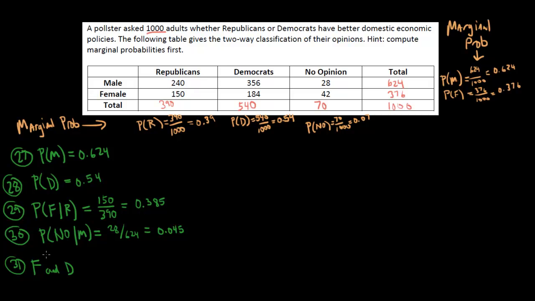So the way we're going to think about this is, is it possible, according to this chart here, for a person to be a female and a Democrat at the same time? Well, if you look at our chart, yeah, sure. There's 184 of them. So they are not mutually exclusive. Female and Democrat, the word would be, are mutually non-exclusive.